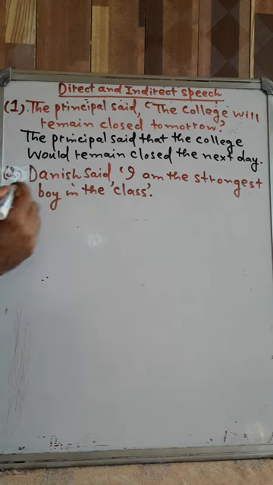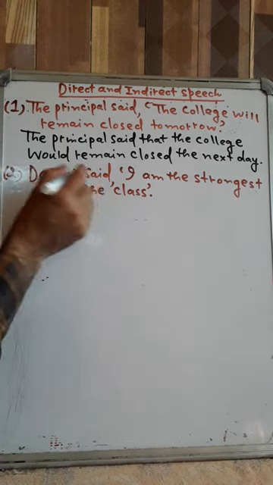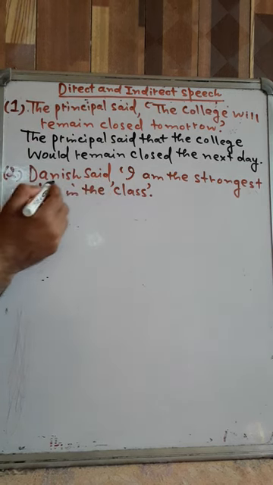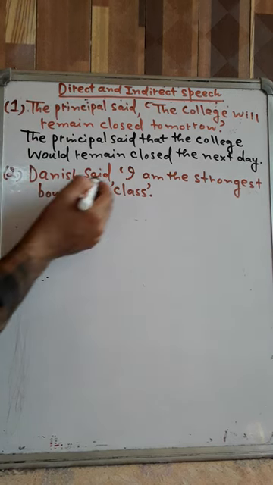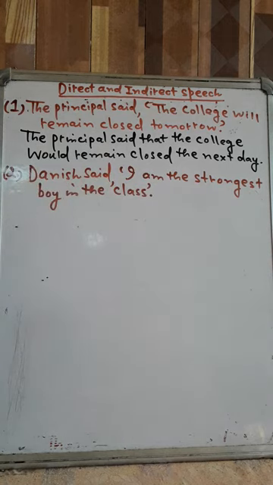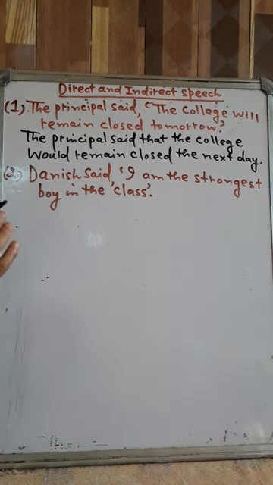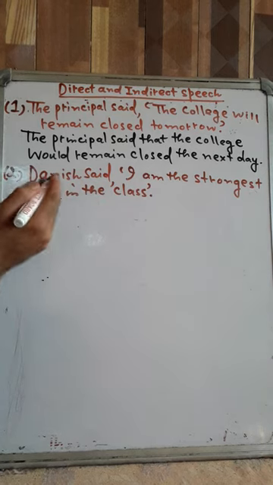Now I can write, Danish said. Here we have only the reporting verb, there is no object. I can write Danish said or Danish boasted. We can write other reporting verbs as well according to the sentence.